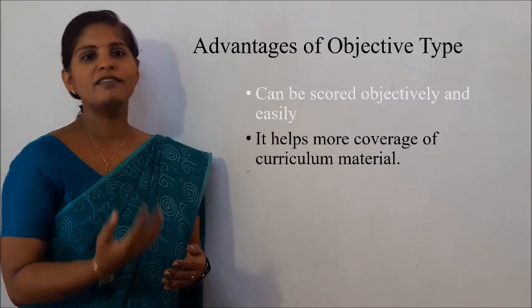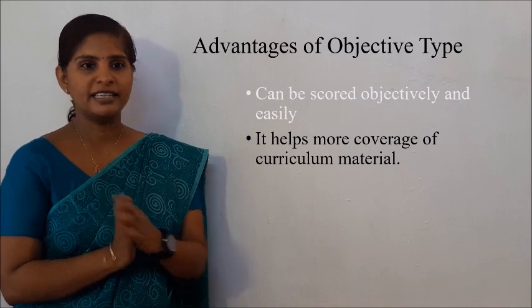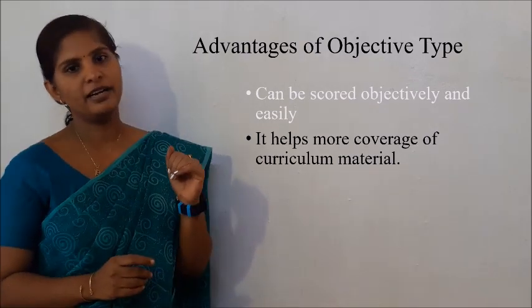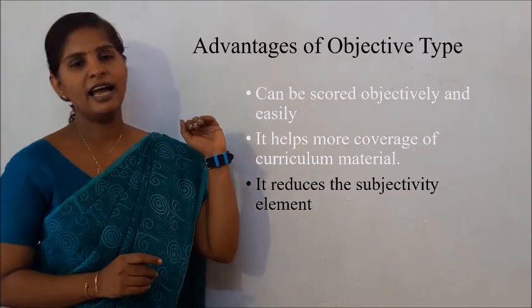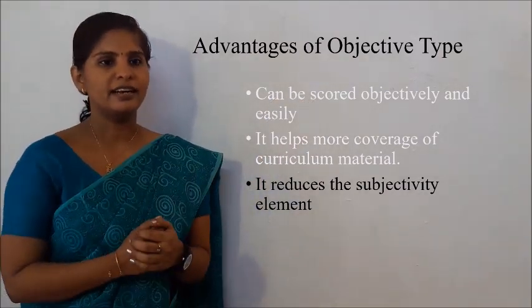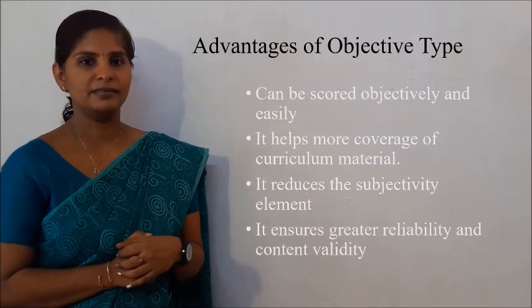It helps more coverage of curriculum material. A large amount of study material can be tested in a short period of time. It reduces the subjectivity element that we have already mentioned. It ensures greater reliability and content validity.